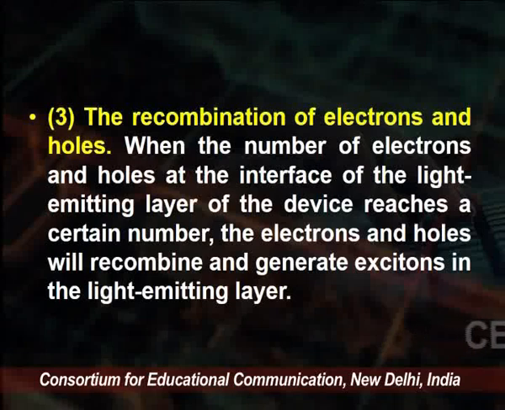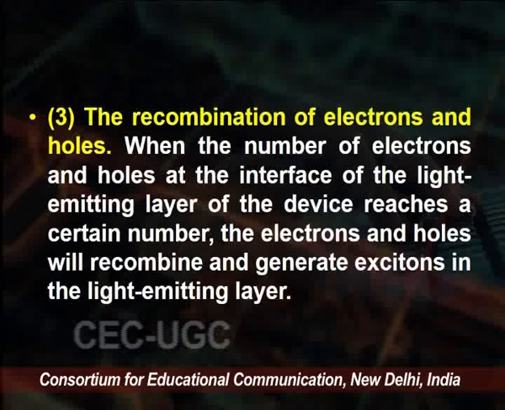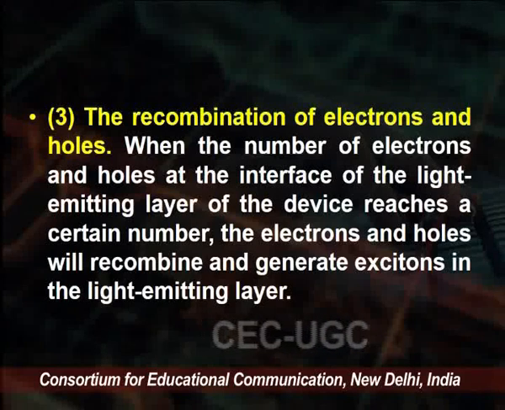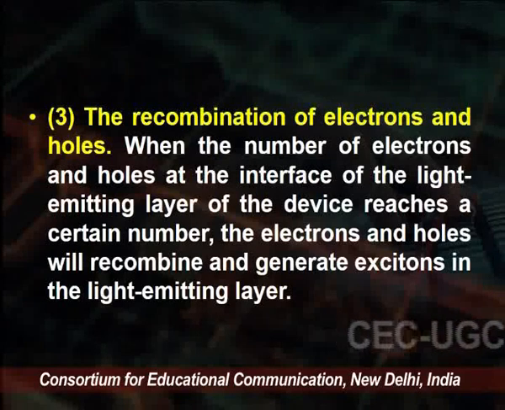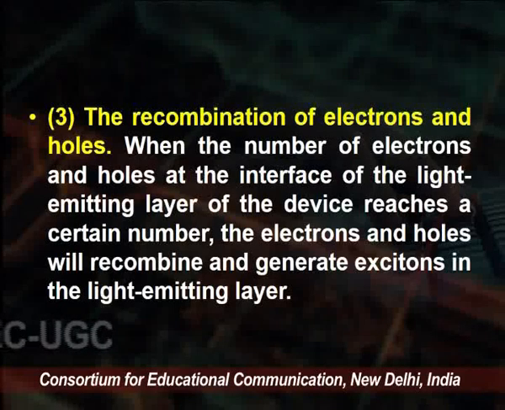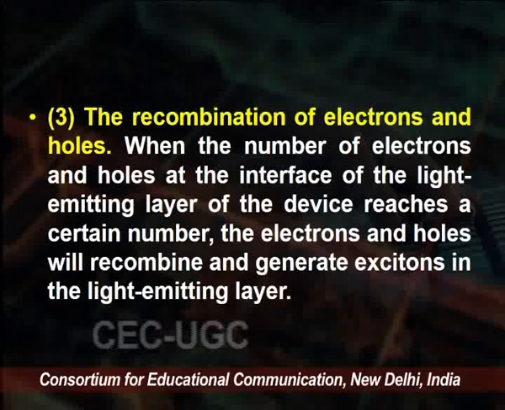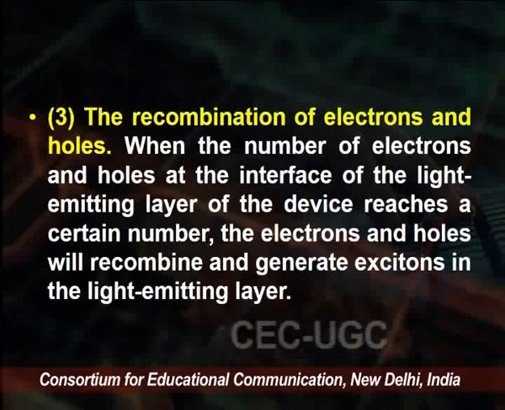When the number of holes and electrons at the interface of the light emitting layer of the device reaches a certain number, electrons and holes will recombine and generate excitons in the light emitting layer.